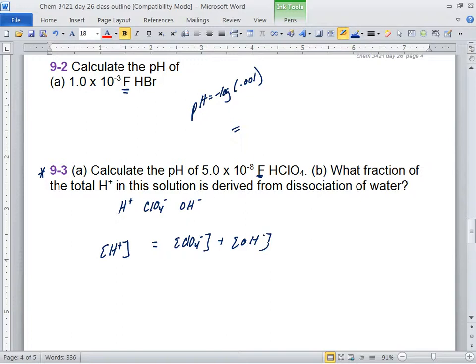So you can never talk about this being hydrogen in all its forms. It never makes sense because you have water tied in there, and water doesn't even show up in the equilibrium constant expression. So you can't mess with hydrogen. So what you have to say is 5 times 10 to the negative 8 is perchlorate in all its forms. So how many forms are there of perchlorate? Ricky identified just 1. He was right. So we've got an equation. That's really nice and easy. Wish they were all like that.